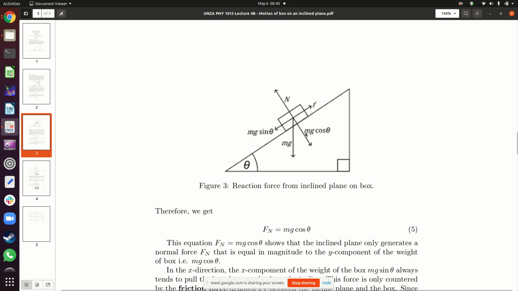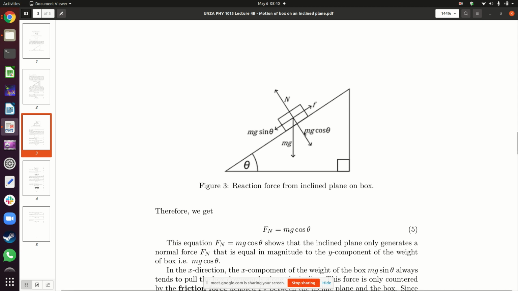Okay, next there is this component which is mg cos theta, which is pushing against the box and against the incline, and the incline is not happy, so the incline pushes back with the normal force like this. So in our case here, we have identified this component along the x-axis pointing downwards. There's a friction force opposing that component.